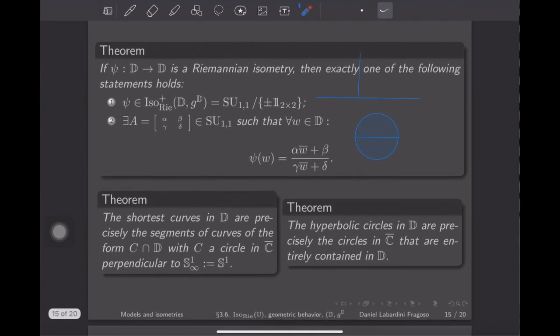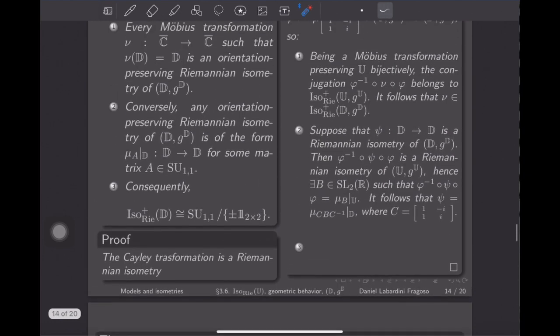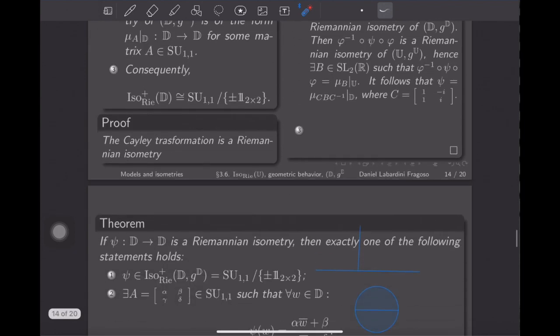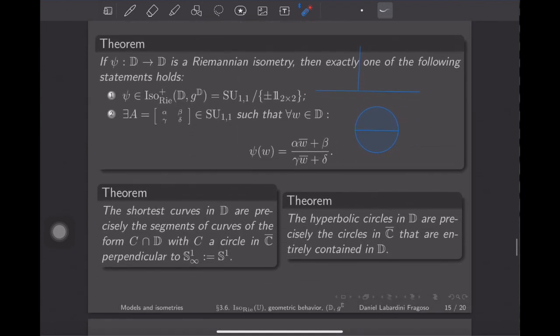And then, since the Cayley transformation is a Riemannian isometry, the shortest curves and the hyperbolic circles here are precisely the images of the corresponding ones there. And I know that the Cayley transformation is also conformal and sends circles to circles, so Euclidean circles to circles in C bar.